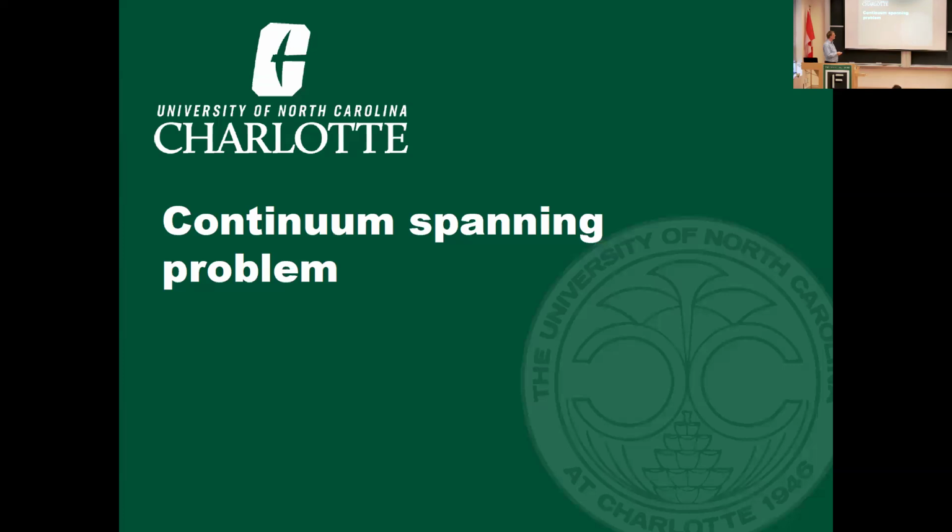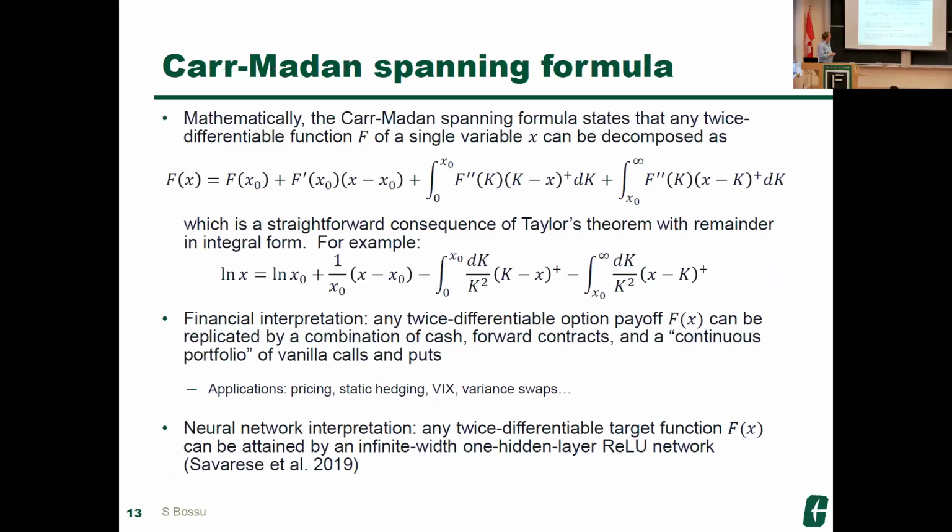Okay, so the rest is the continuum spanning problem. The reason we call this spanning is in honor of Carr and Madan's spanning formula, very relevant for practitioners. When I was in industry, this was a very powerful result, which is that any single asset payoff, so now not a vector X but a single variable X, can be decomposed as a sum of cash and a forward contract, X minus some constant, and then a bunch of calls and puts in quantities F'', the second derivative of the payoff.